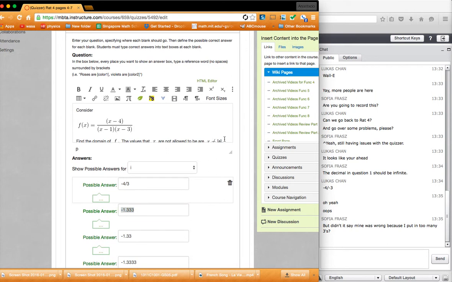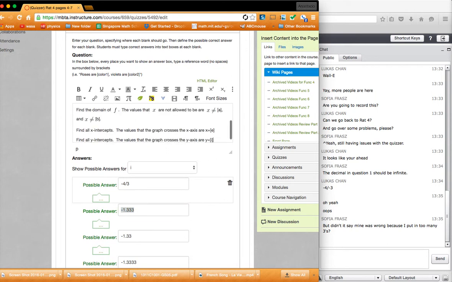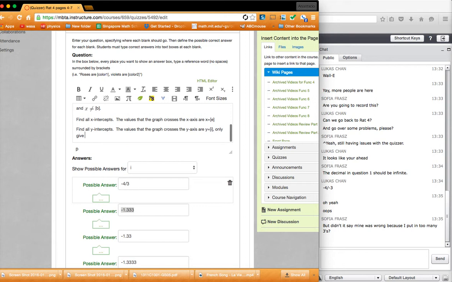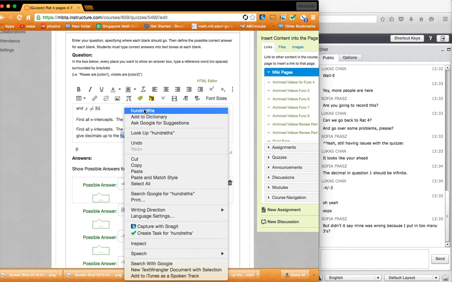Maybe I should have said approximate, or only give decimals up to the hundredths place. All right, fine, I fixed that.